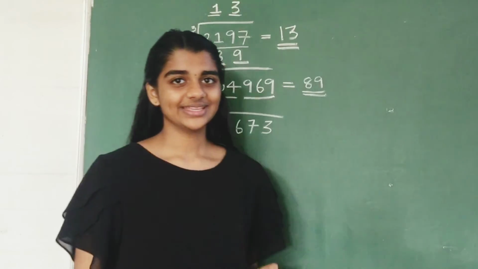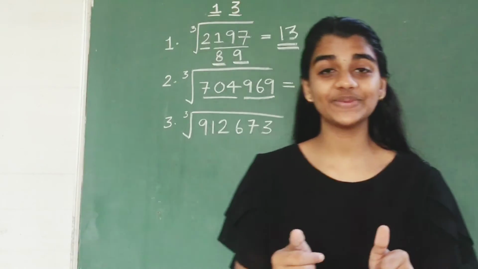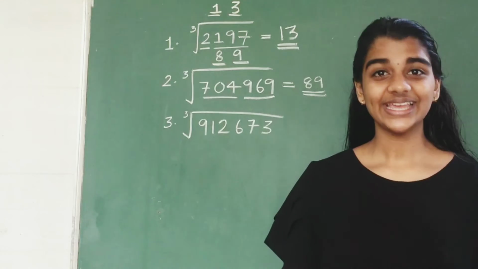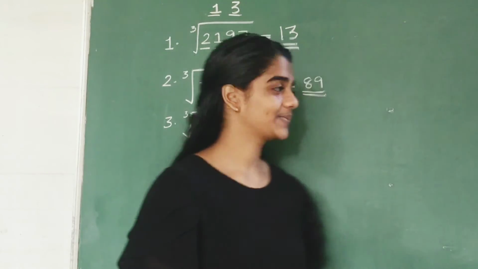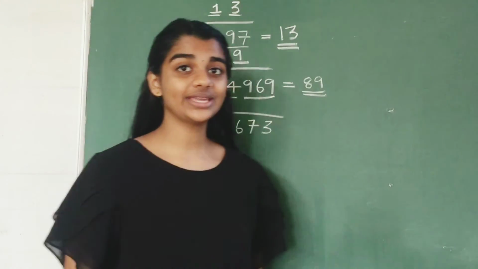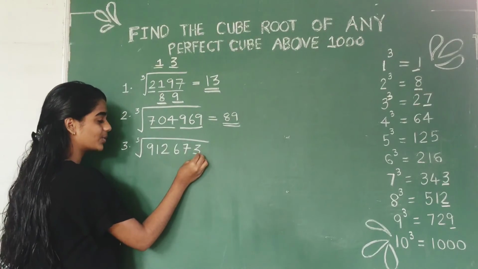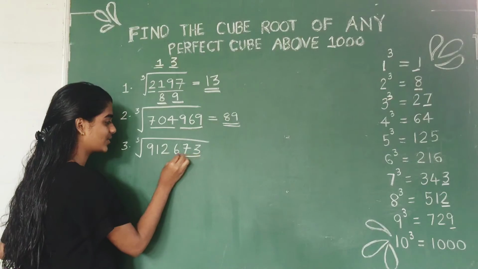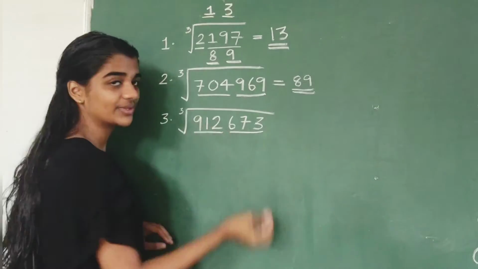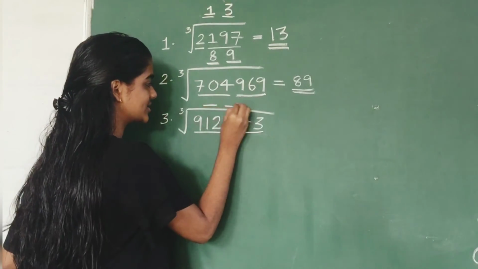Now you're going to tell me the first step. What is it? Yes, to group the numbers. How many digits in one group? Yes, there will be 3 digits. So we start from the right. This is one group and this is the other group. You need to fill these 2 digits.